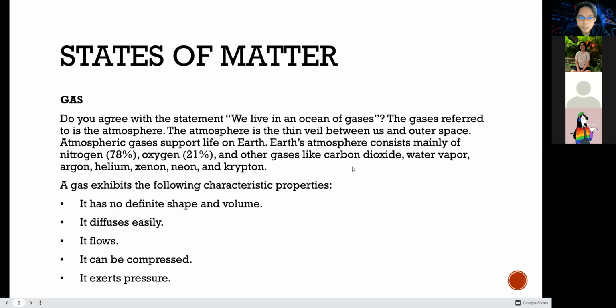Again, gas has these characteristics. Number one, it has no definite shape and volume. That is why it can fit any container that it is in. Aside from that, it diffuses easily.